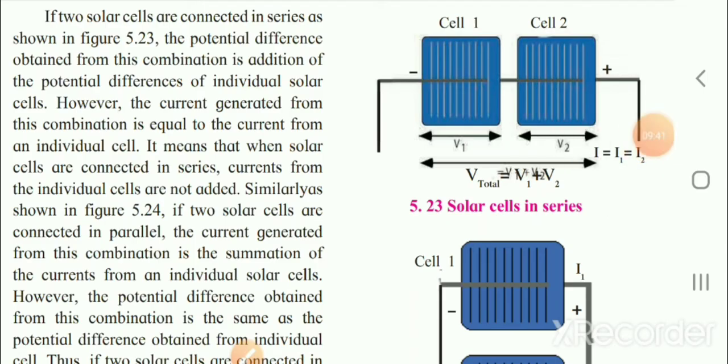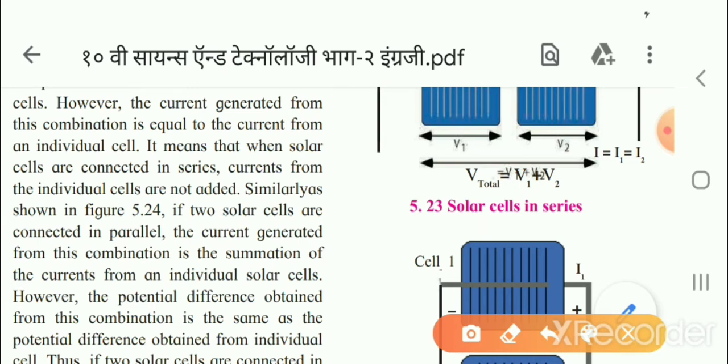Now children, we can see here that if two solar cells are connected in series, you can see in the first figure, the potential difference obtained from this combination is the addition of the potential differences.